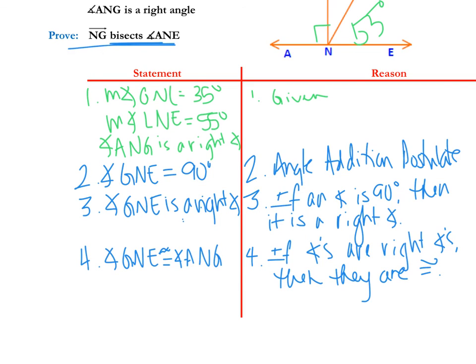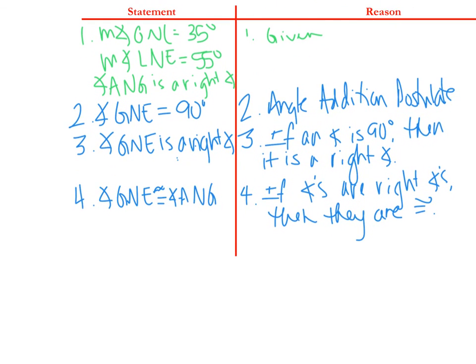Okay. Now that we've shown that the angles are congruent, they have the same measure, we can now say that ray NG bisects angle ANE.